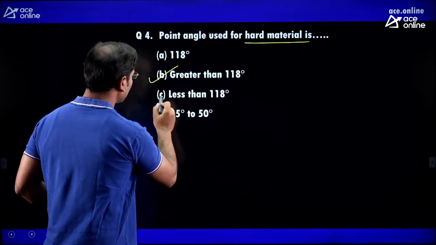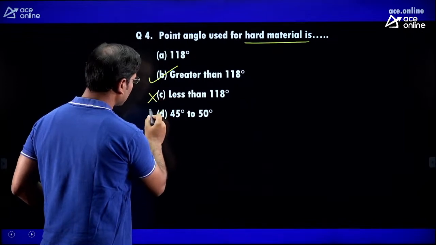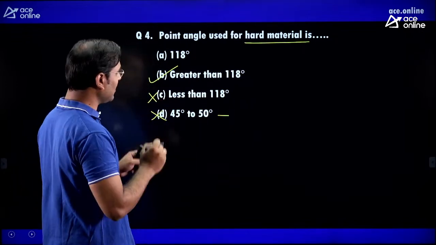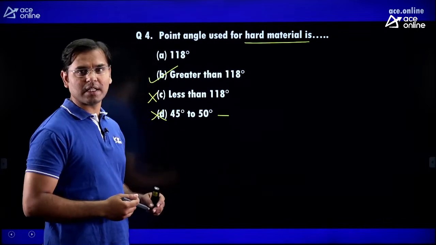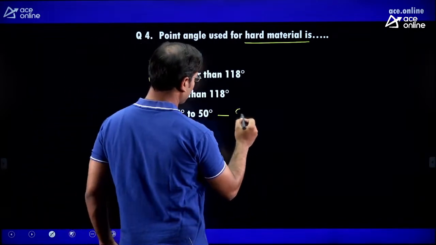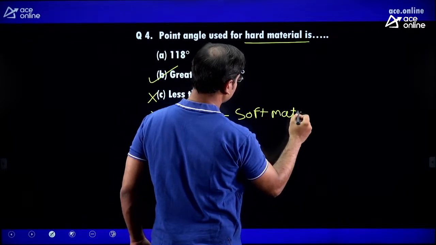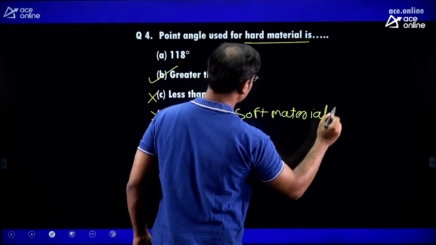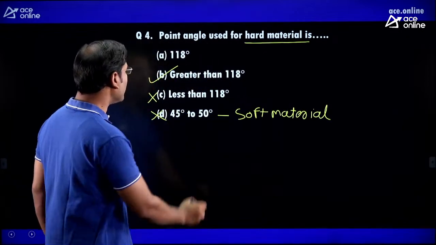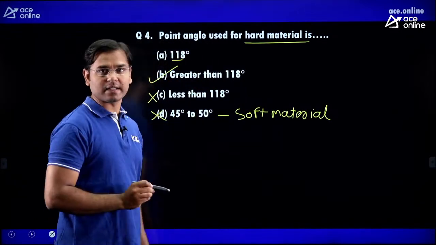Less than 118 degrees, it is wrong. 45 to 50 degrees here is wrong, but 45 to 50 degrees we can use for soft material. We can use this angle for soft material. And here the 118 answer we can also see as correct.